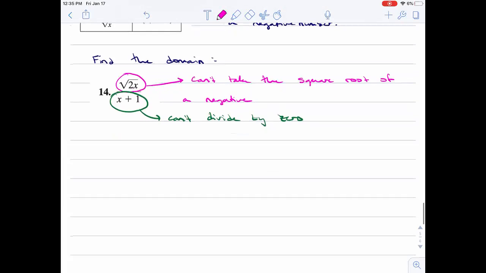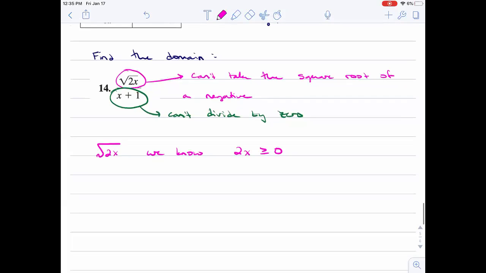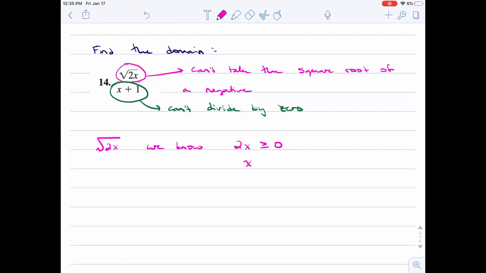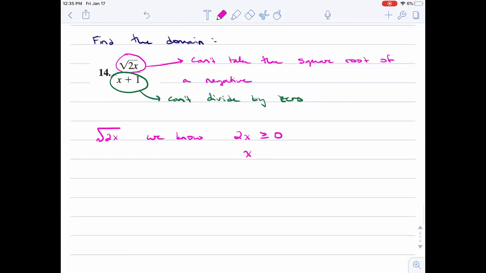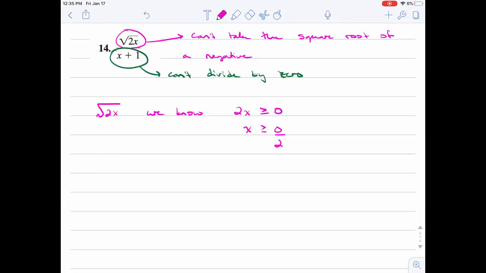So keeping them color coded, in the square root of 2x, we know 2x has to be greater than or equal to 0. It's allowed to be 0 if it's not in the bottom. And so solving for x, I should just be able to divide by 2. 0 divided by 2, so x has to be greater than or equal to 0.